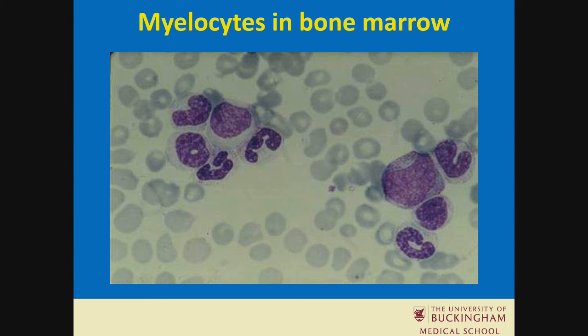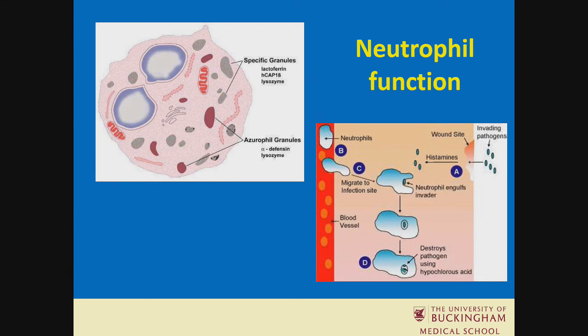So again, if you recognize anything in a bone marrow smear rather than a peripheral blood smear, you should recognize a band cell, a very characteristic nucleus which is going to pinch off and adopt the conformation characteristic of neutrophils. So neutrophils are full of granules.